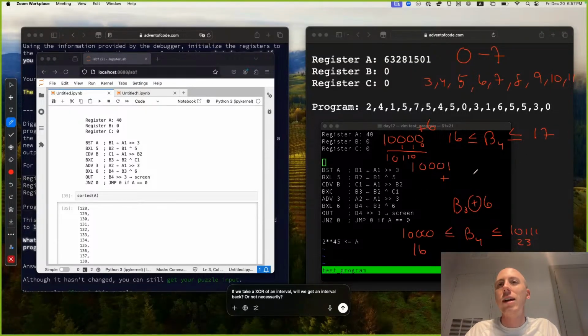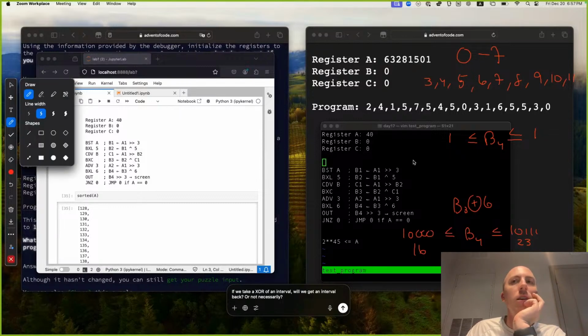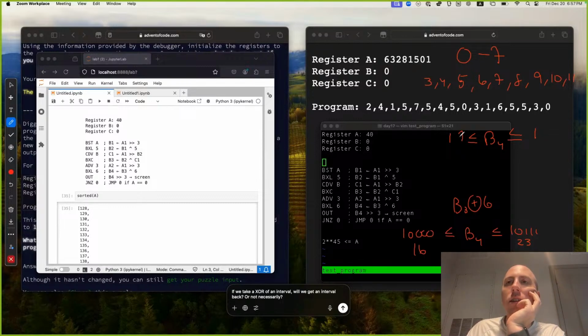Okay, so that actually still gives us an interval, but what if we did instead 17 and 18? 17 is 1 0 0 0 1, and 18 is 1 0 0 1 0. So XORing 17 with 6 gives 1 0 1 1 1, so this is plus 6, which gives you 23.